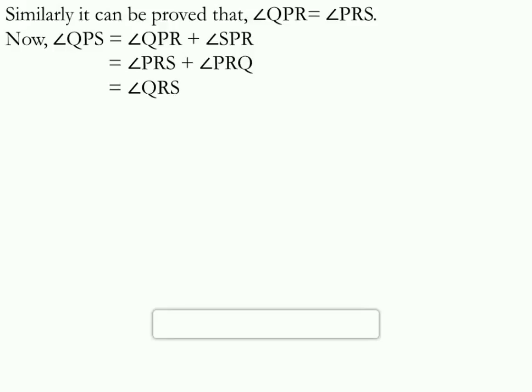So we can write angle QPS equals angle QRS, which are opposite angles of quadrilateral PQRS. So already we have seen that two opposite angles are equal. Here another two opposite angles are equal in quadrilateral PQRS.